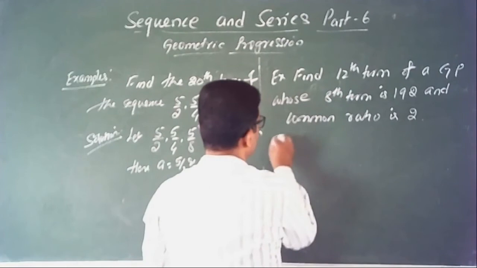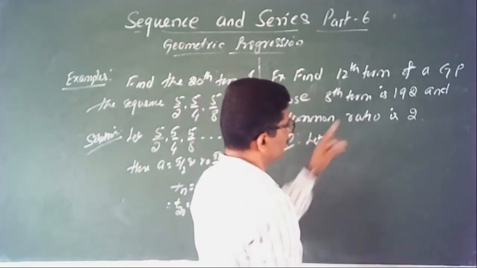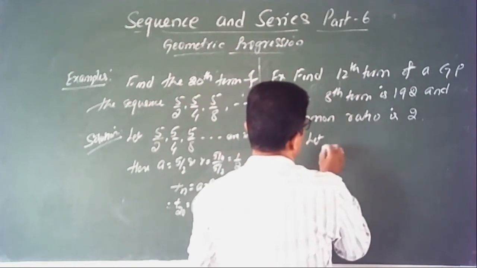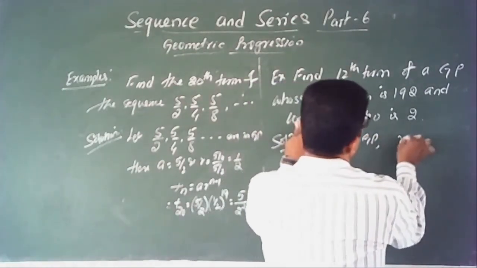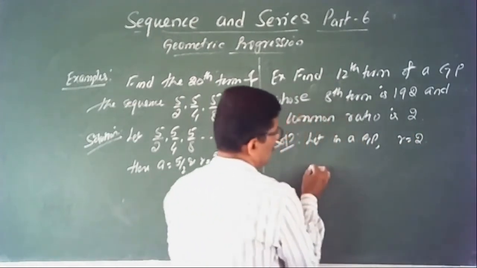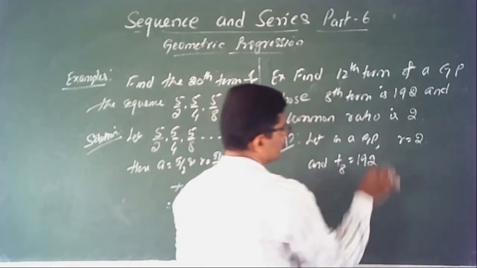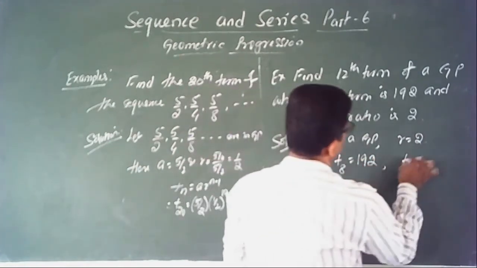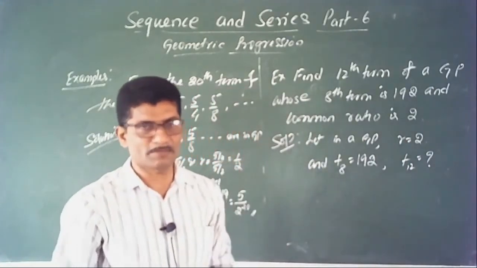Here they ask to find the 12th term. Given that, let us assume that in a GP, r is equal to 2 and T8 is equal to 192. Then find T12. This is a 2 or 3 mark question.